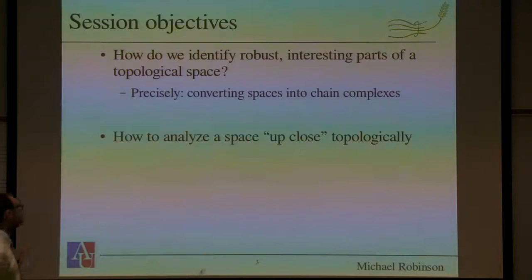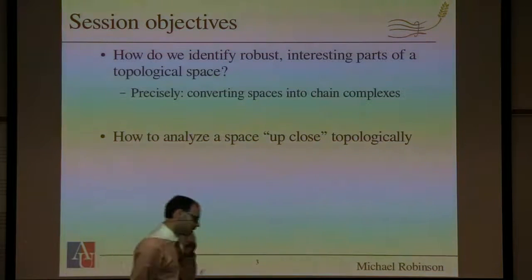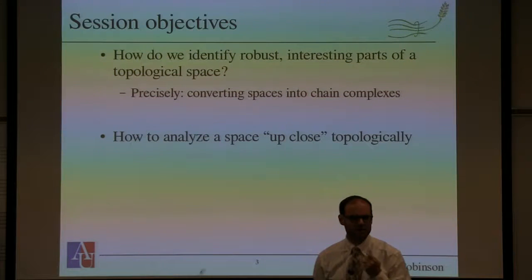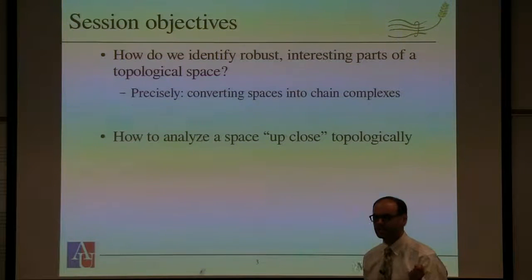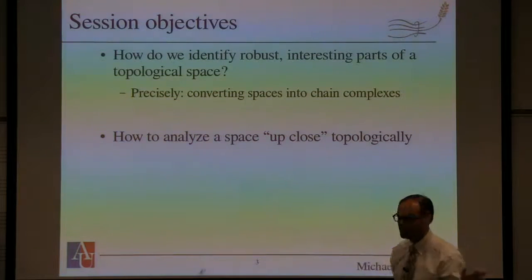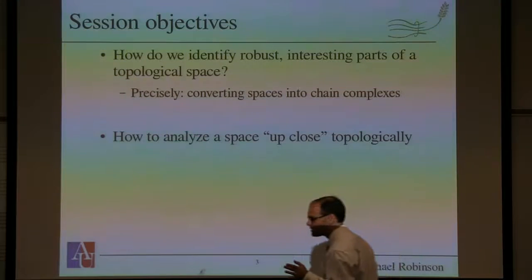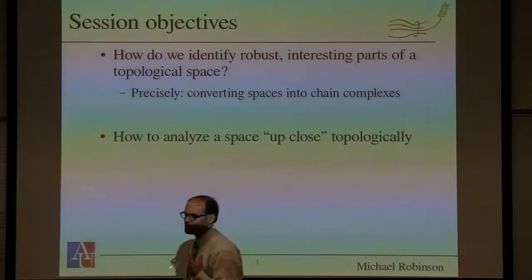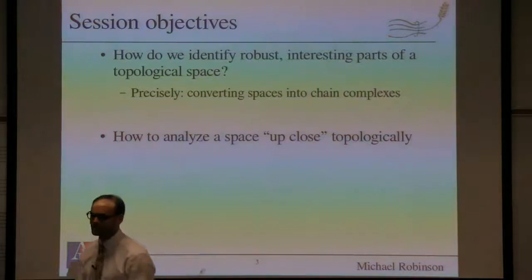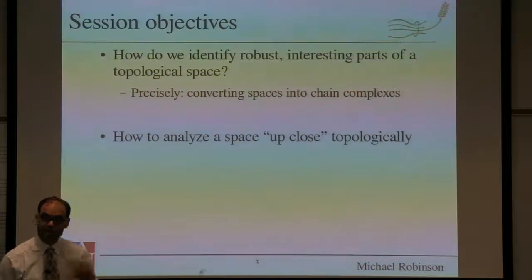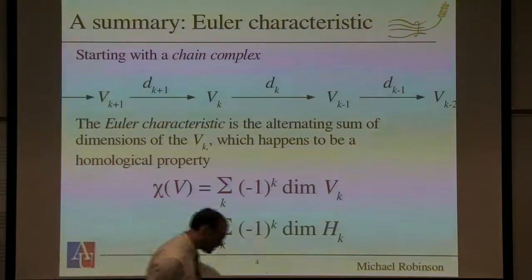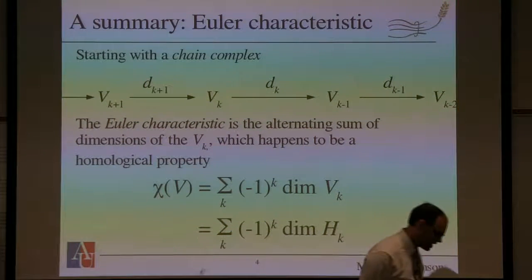And the other thing we're going to do is analyze that space up close topologically using local homology, which is computationally very effective and computationally easier than addressing the whole space globally. This is an idea that has been around in the applied topology community for a while, and I think it hasn't gotten enough exposure. So I'd like to give it the exposure that it deserves and show you how it's quite useful.